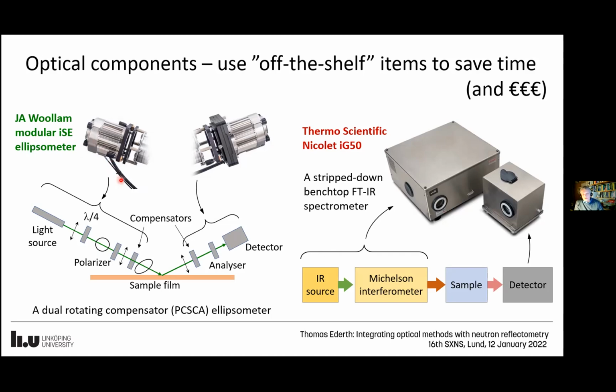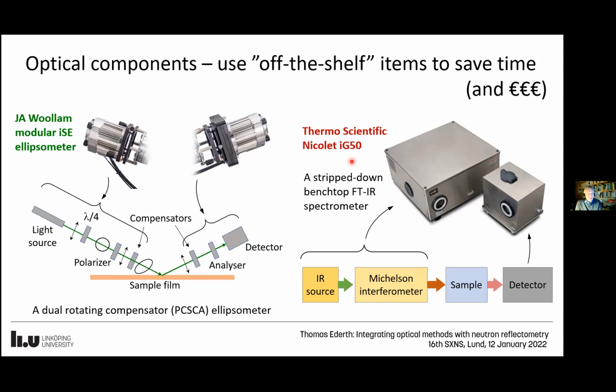The infrared part is currently sold with a stripped-down benchtop spectrometer. The Thermo Scientific iG50 is basically an OEM version of one of their top-line benchtop systems, which is not ideally suited for the purpose, it will turn out, but we will address this later.